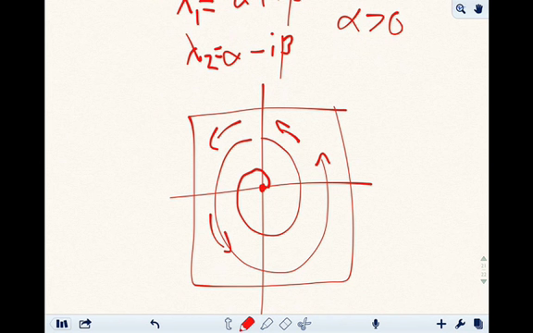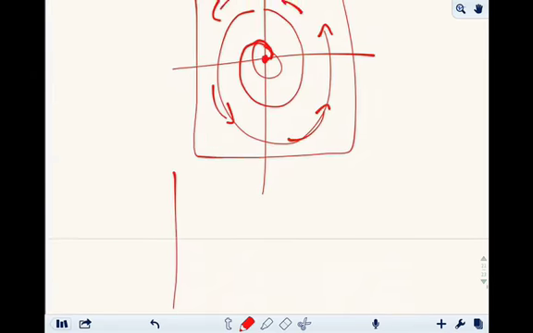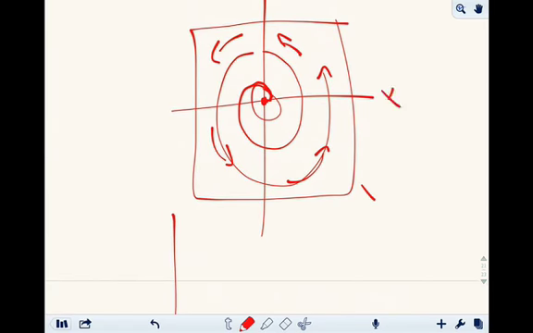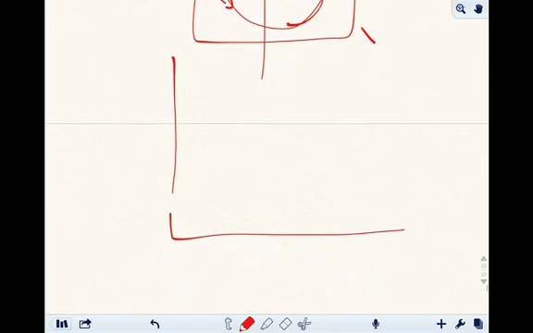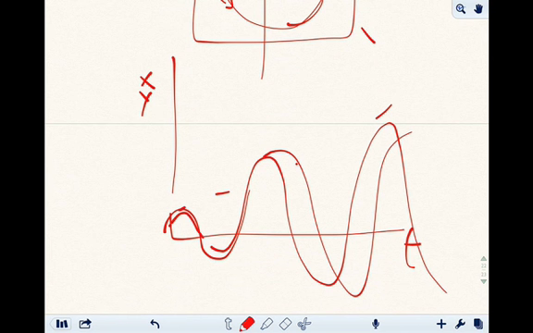Our directional vectors are facing out of the critical point. Any perturbation from the critical point will spiral out in space. Again, this is the phase plane, x versus y. This is the time frame, x and y here on the y-axis. And we have oscillation of a growing amplitude. The y will do something similar. This is a spiral source. It is unstable.